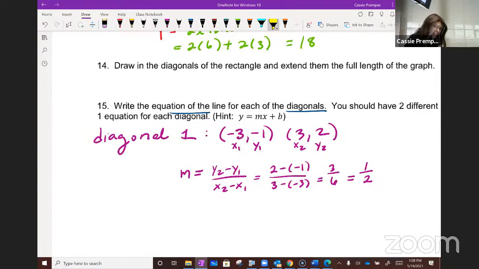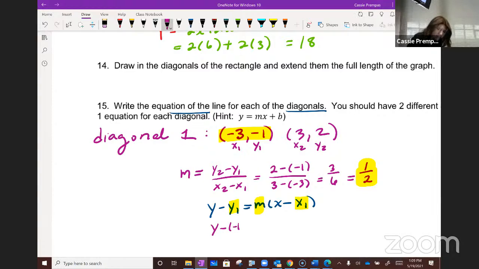If you have a point, which we do, and a slope, what equation could you use to put in your pieces? Point slope form. Love it. Remember, point slope form is y minus y1 equals your slope times x minus x1. So I'd pop in -3 for x1 and -1 for y1, and my slope as 1/2. That would give me y minus -1 equals 1/2 times x minus -3.